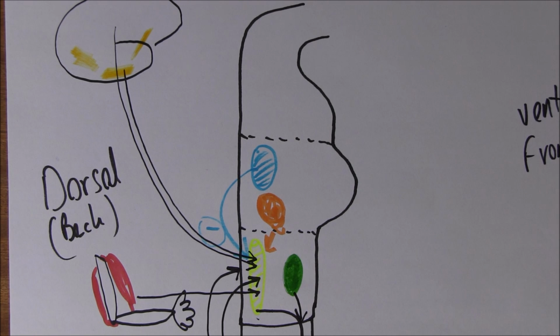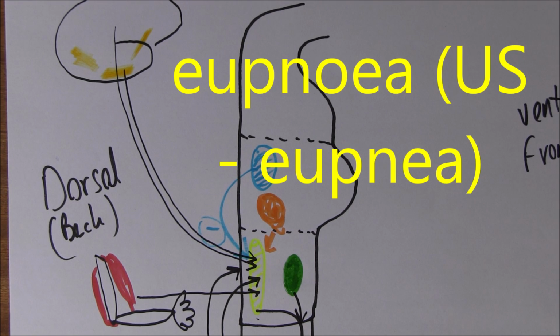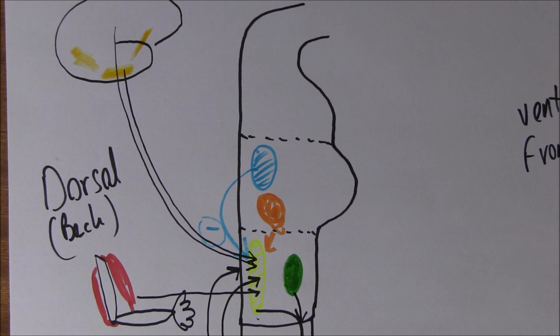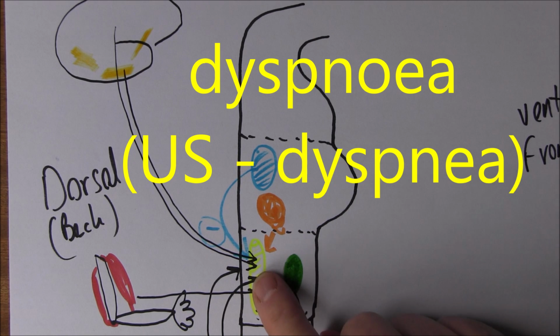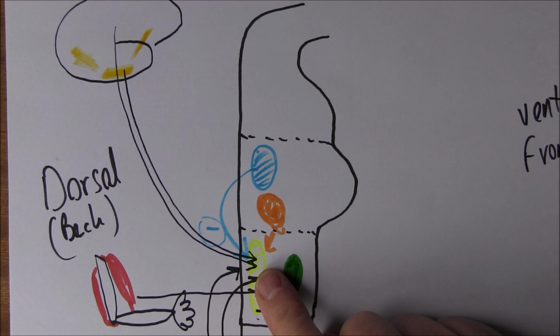When we're breathing normally at a normal quiet rate, that's called eupnea. Just normal breathing. The converse of this is dyspnea, difficulty in breathing or abnormal breathing. So this gives us about 200 mils a minute during normal quiet breathing.